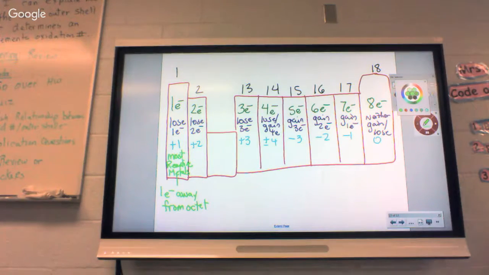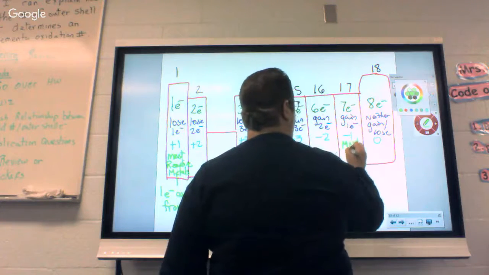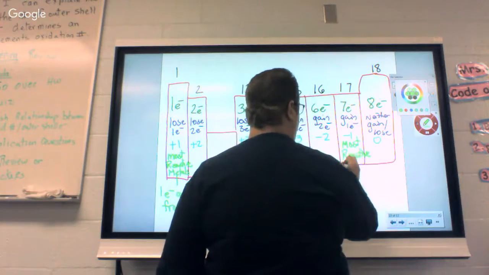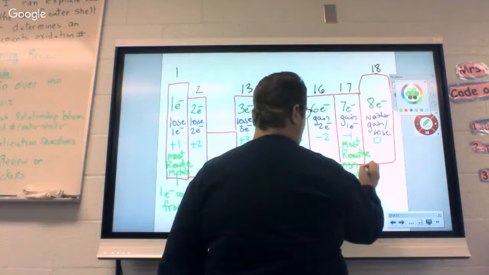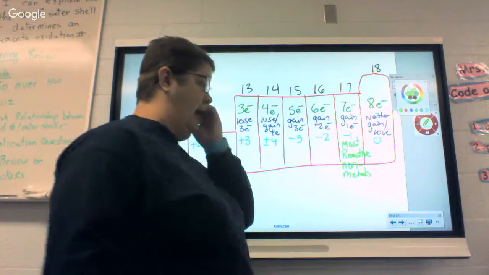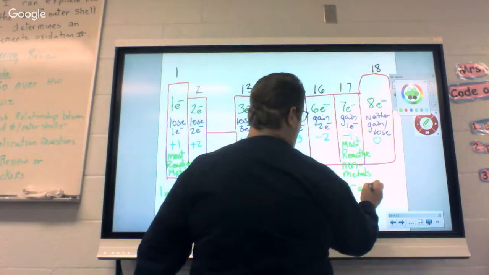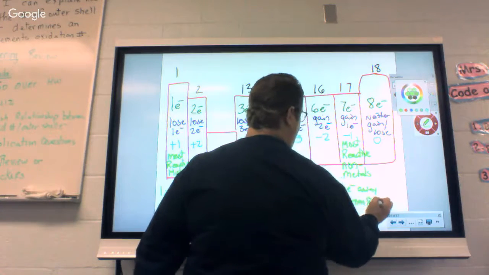Alright. Group 17 are the most reactive non-metals. Again, they're one electron away from 8.